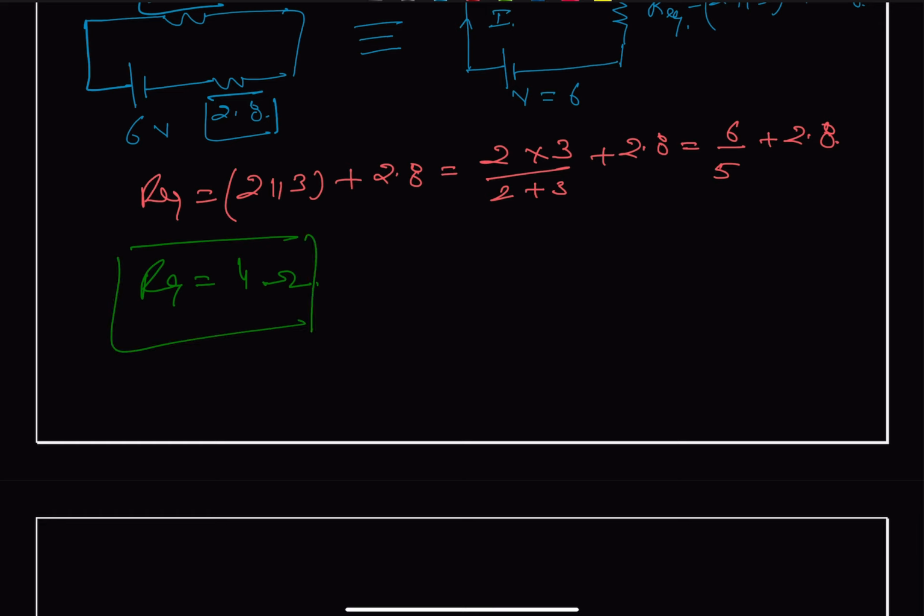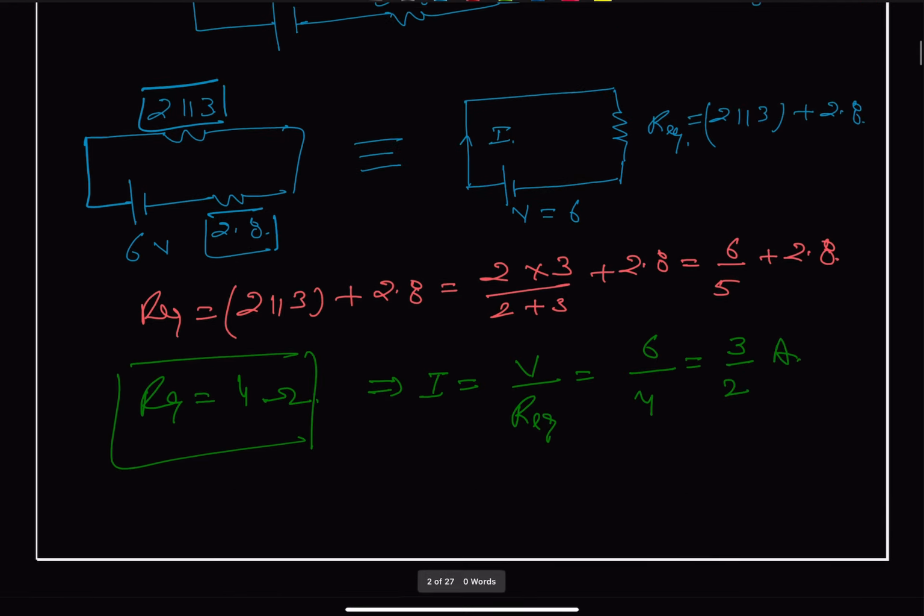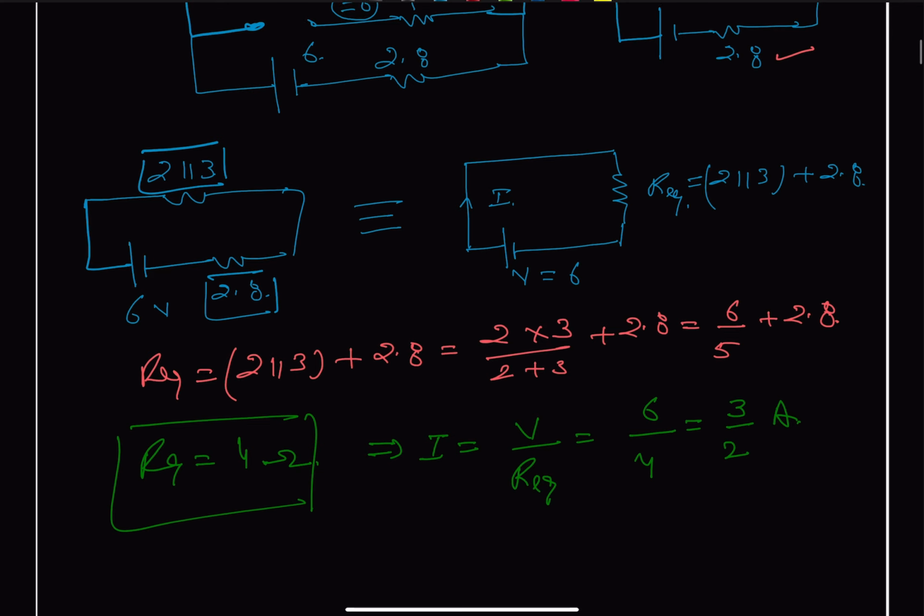Therefore we can find out now our current I simply using Ohm's law. So our current I will be equal to applied voltage over R equivalent. Applied voltage is 6, R equivalent is 4. So we get current through the circuit as 3 by 2 ampere. And this is the total current.